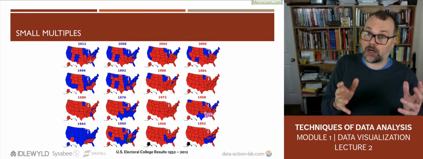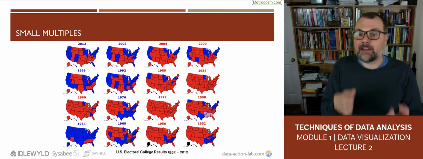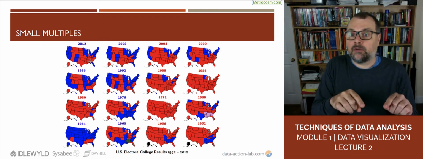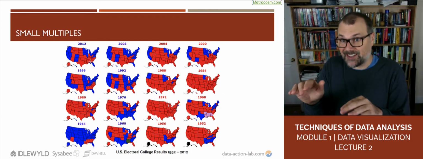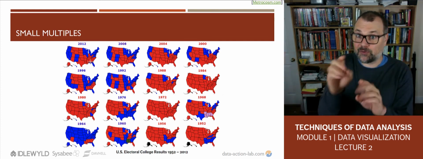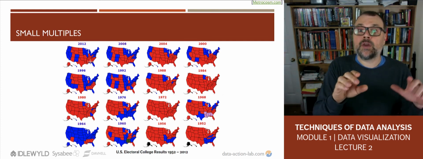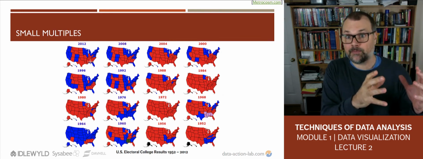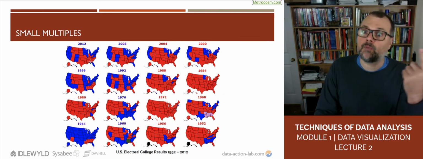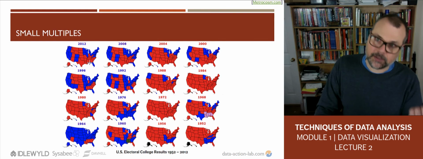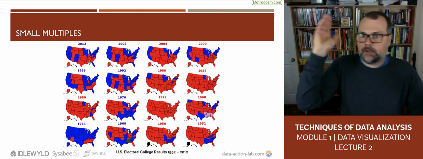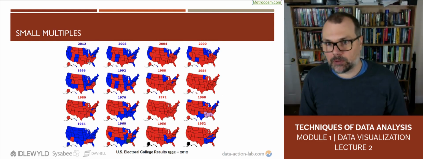And for each of the years or for each of the levels of our variable, we produce the same chart. What I mean by that is we build a chart from a different data set, but we'll filter the data set so that it only contains the observations for that specific level, and we feed that into the same algorithm. And then we can compare what happens from one region to the next, from one year to the next, from one, you name it, group of individuals to the next.